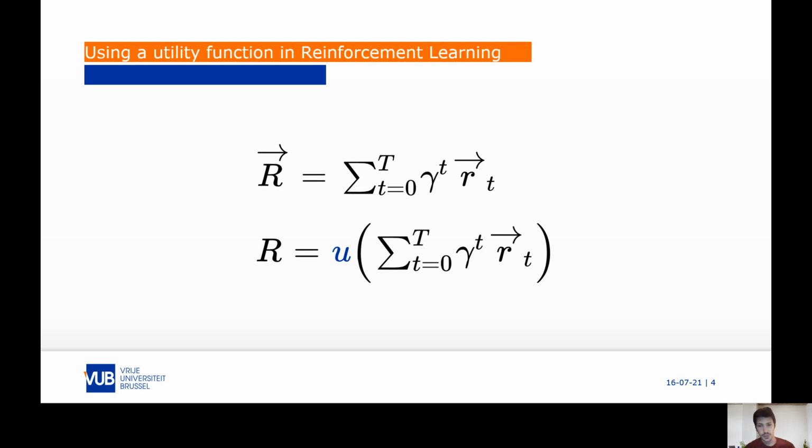This corresponds to one of our compromises on which we can apply the utility function, which results in a scalar, a utility, a score on which we can maximize. So basically we can apply the utility on the episodic return in order to get a single scalar as a score.